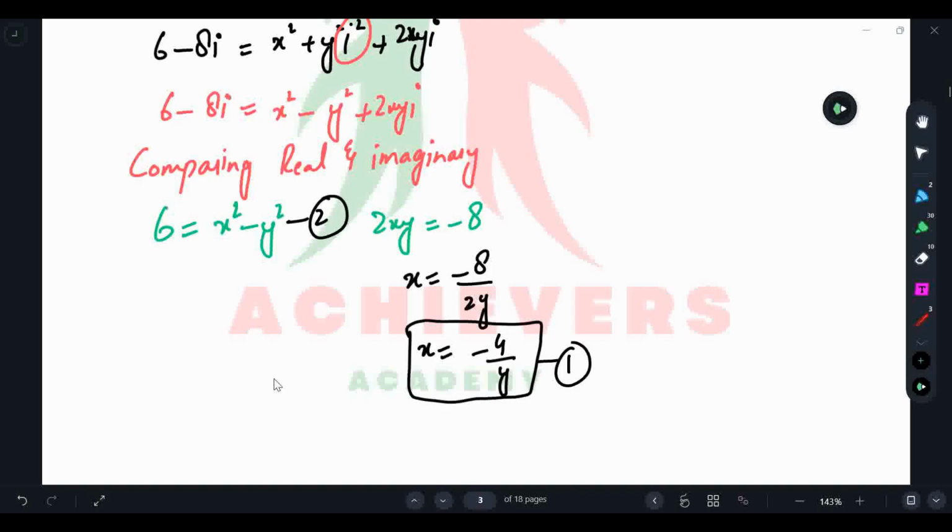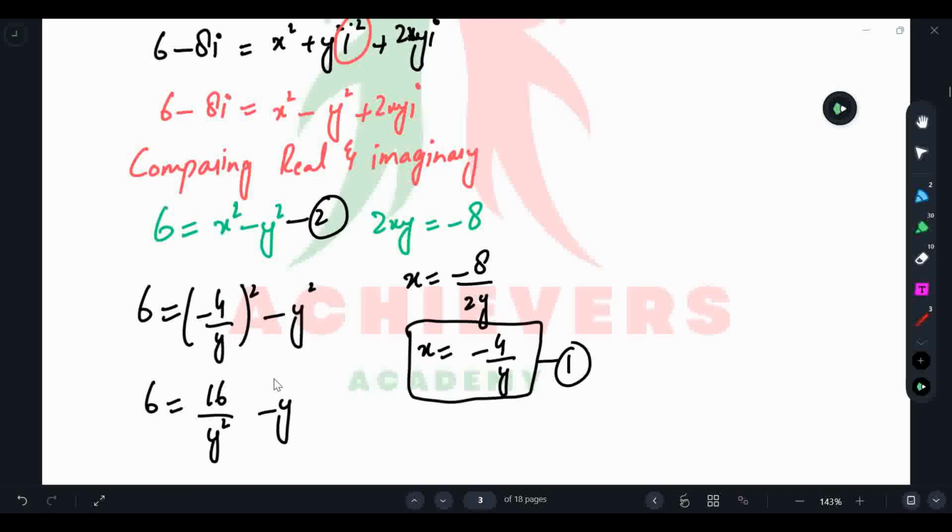Now put equation 1 in equation 2, we will get 6 is equal to (-4 by y) whole squared minus y squared. If we simplify it further, 6 will be equal to 16 by y squared minus y squared.